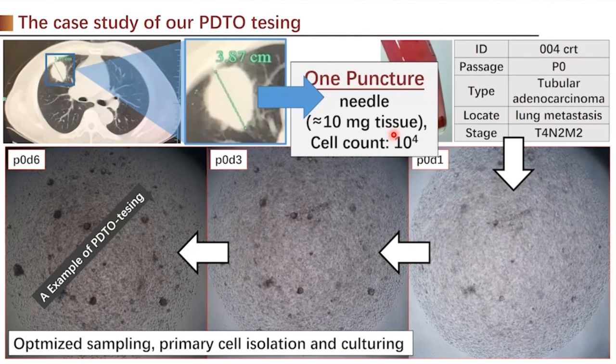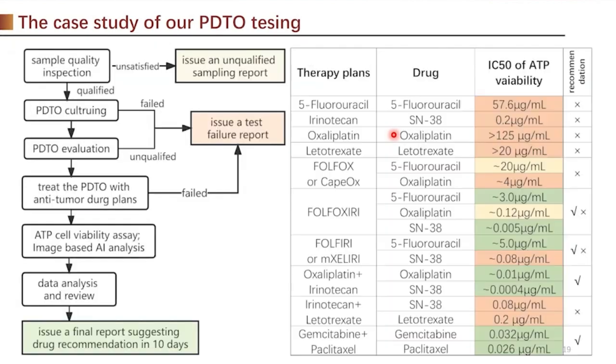The cell count is 10,000. After a 6-day primary culture, we generated a sufficient quantity of organoids, and the IC50 showed the drug response of this patient.